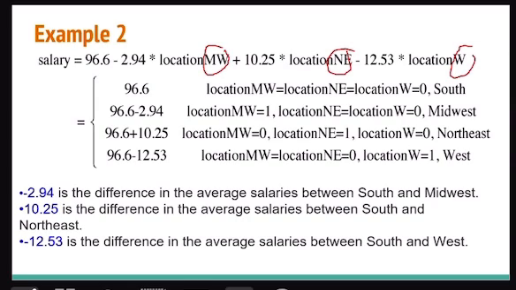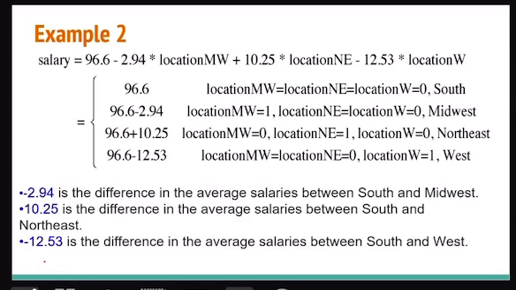So if you take a look at example two, this is an estimated mean function where we're looking at the effects of the categorical predictor location on salary. Like I said, we have 4 levels. We're not going to report 4, we're going to report 3 out of 4, and the one that was not reported is being referenced.